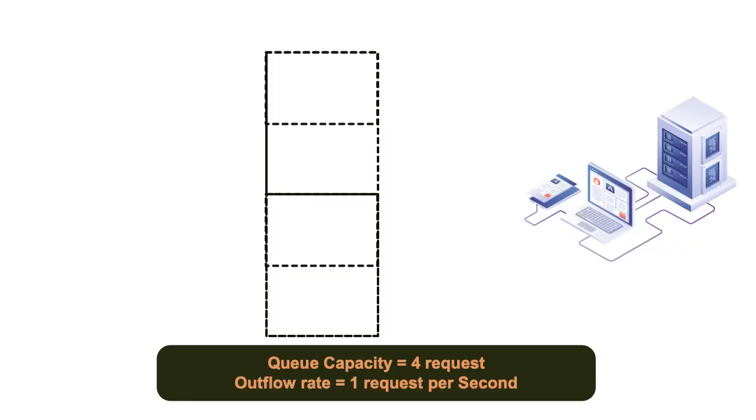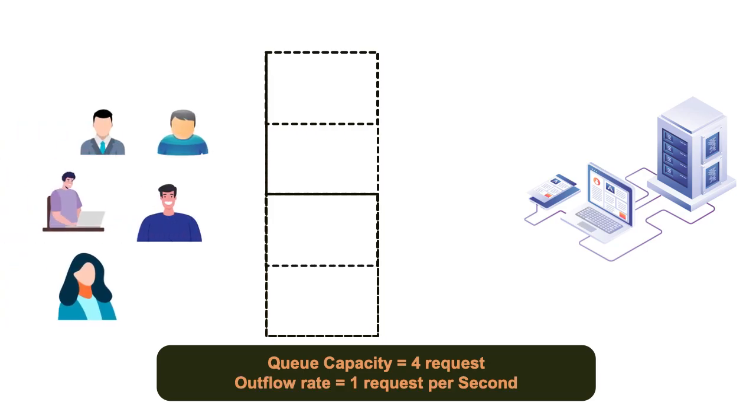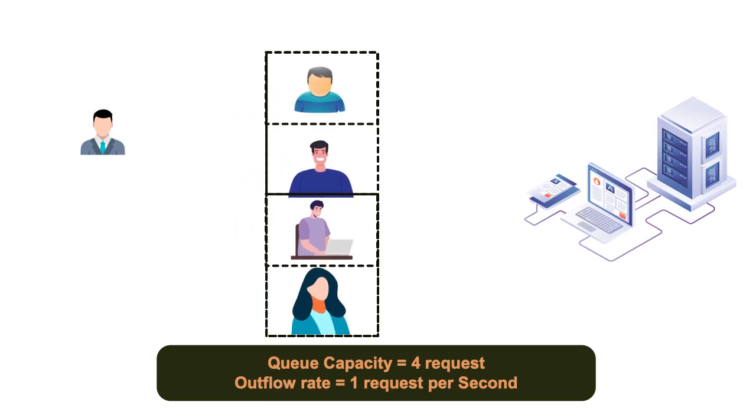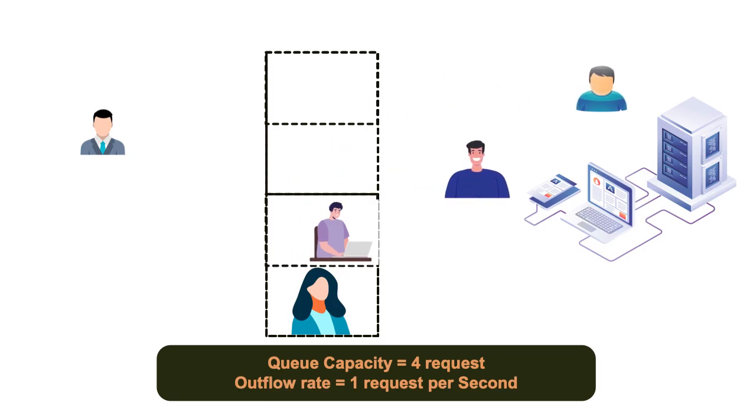So now let's imagine that your queue has a capacity of four requests, and it processes one request per second. Now, if five requests reach your rate limiter, you would only accept the first four, queue them, and deny the fifth request. Now, these four requests, you will not pass them on to the server in that same burst of time.